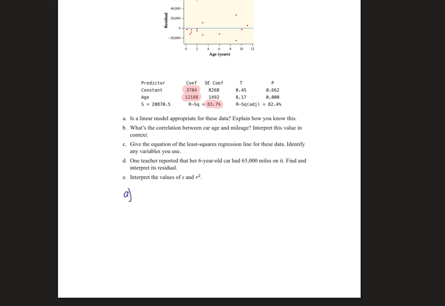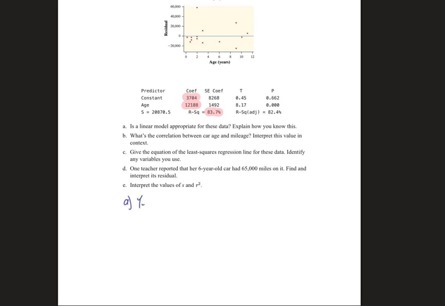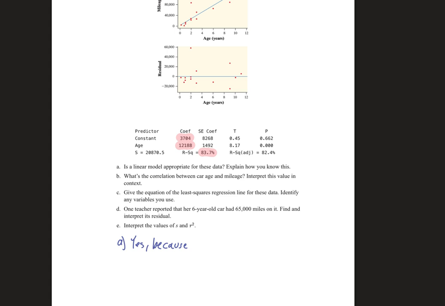So for part A, is linear appropriate, we would say yes. Remember, the most important thing in deciding if a linear model is appropriate is whether the residual plot doesn't have a clear pattern to it. So yes, because the residual plot has no clear pattern.